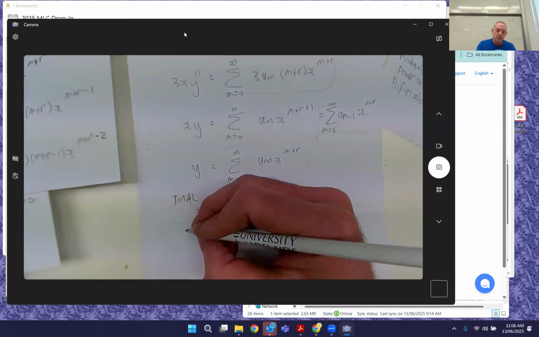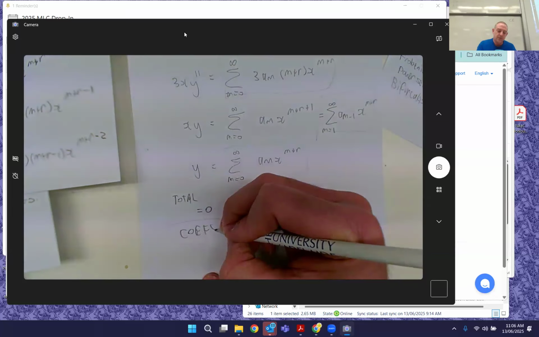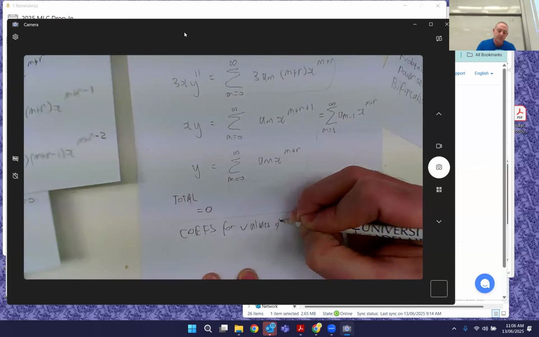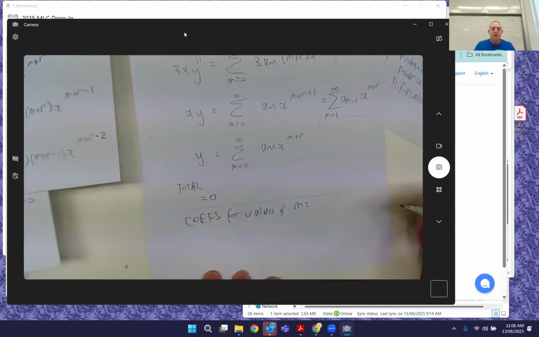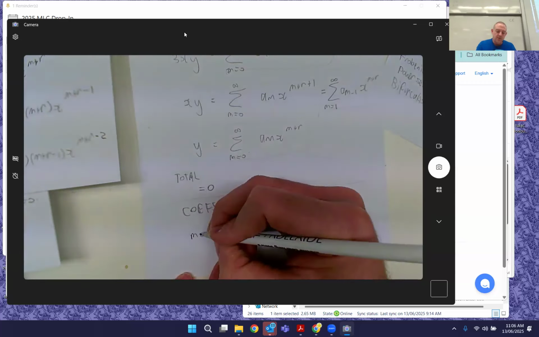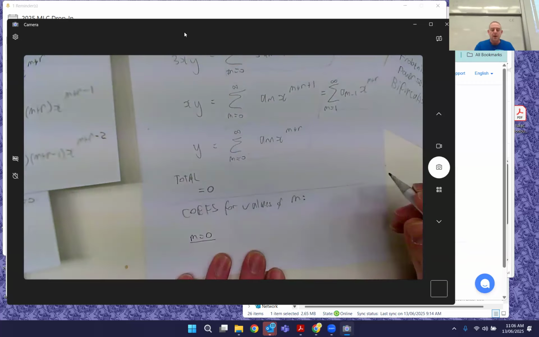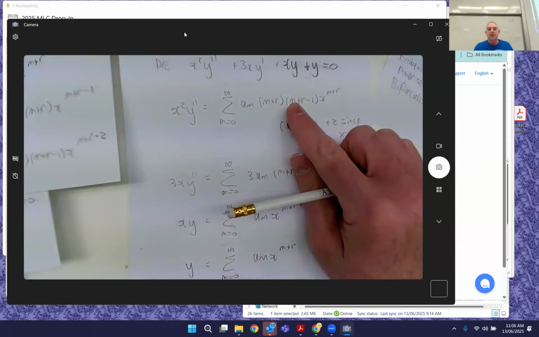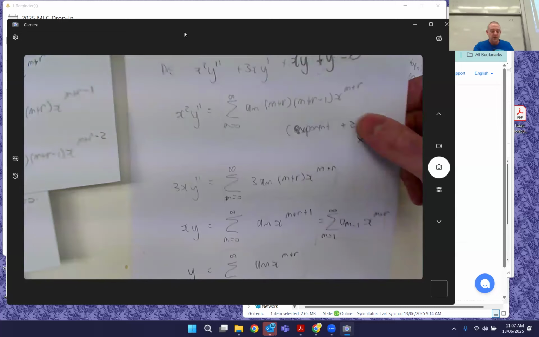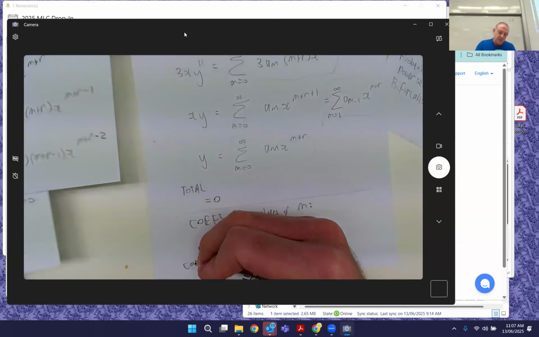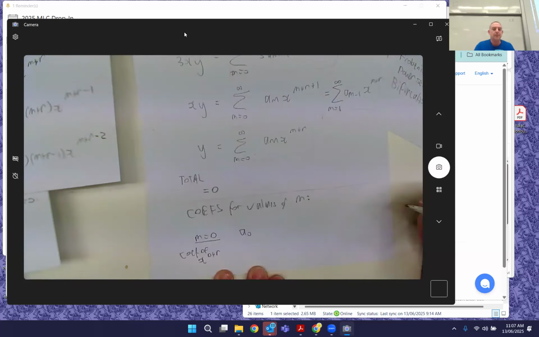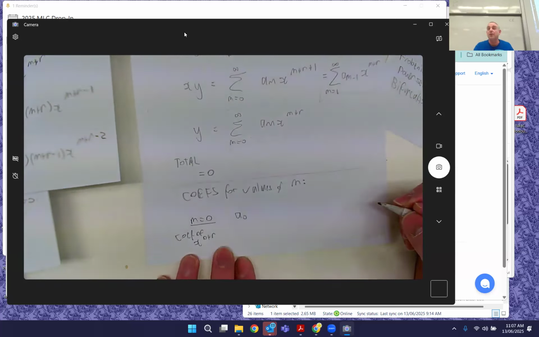So the coefficients for the values of m. When m is 0, I've got a0 (0 plus r)(0 plus r minus 1). That's the coefficient of x to the 0 plus r. That's what happens when I sub in m equals 0.